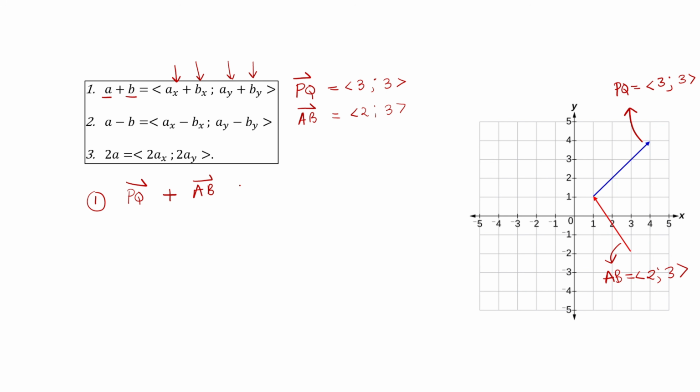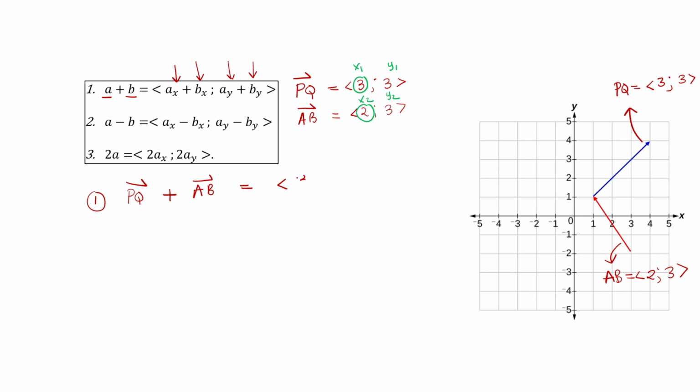To add two vectors, you have to add their corresponding components. In this case, you've got 3 as the x component of PQ and 2 as the x component of AB. Let's say this is x1, this is y1, this is x2, this is y2. To find the resultant, this will be 3 plus 2, which gives you 5.